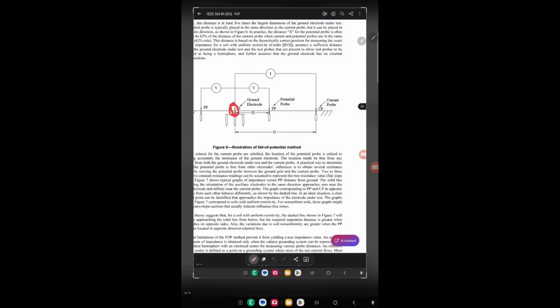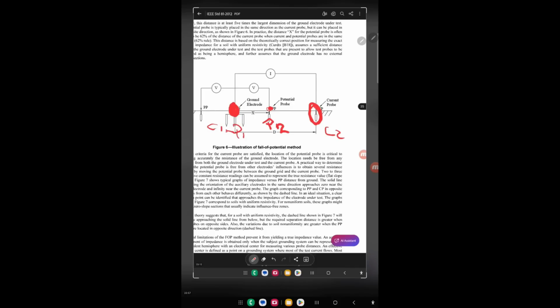This is the test pin, the grounding that we are going to evaluate. This pin is the one that should be remote, where we are going to inject the current. Here it connects to C2. On this pin, we are going to measure the voltage, and on the measuring equipment here, we connect to P2. And at this point in the grounding that we are evaluating, there is where we are going to connect C1 and P1. So, this is the configuration they mention.